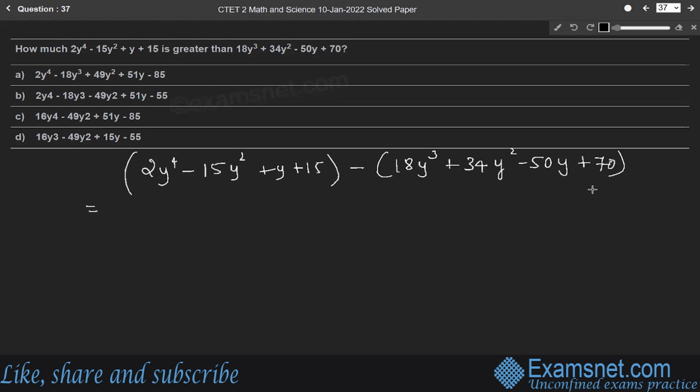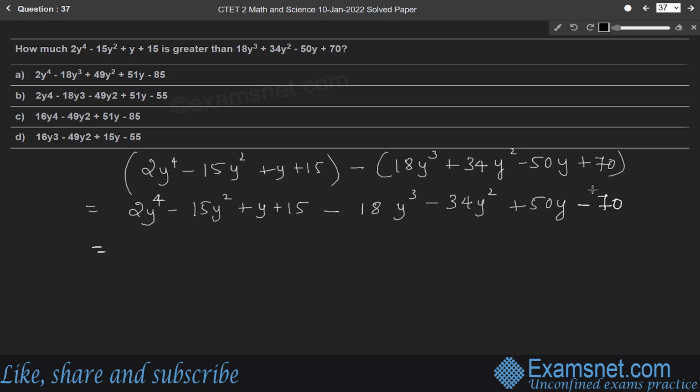So this is 2y to the power of 4 minus 15y square plus y plus 15, minus of plus is minus, 18y cube minus 34y square plus 50y minus 70.